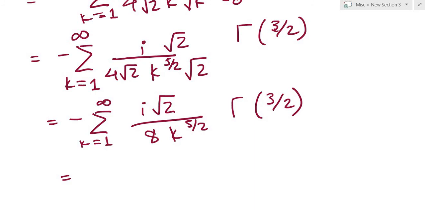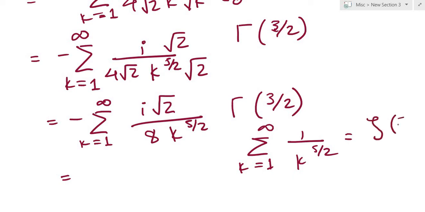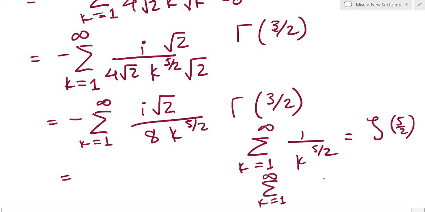Well, what does this look like? What is the sum from k equals 1 to infinity of 1 over k to the 5 by 2 power? Well, that is nothing but our Riemann zeta of 5 by 2, right? Because what was Riemann zeta? It was the sum from k equals 1 to infinity of 1 over k to the s. That was your Riemann zeta of s.